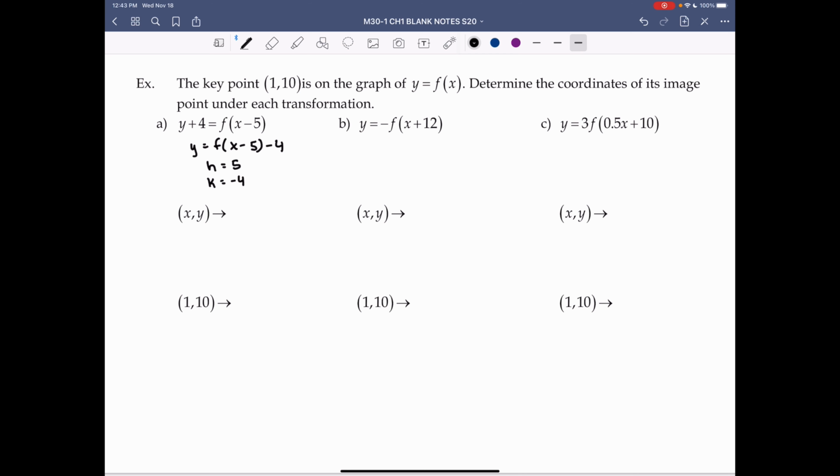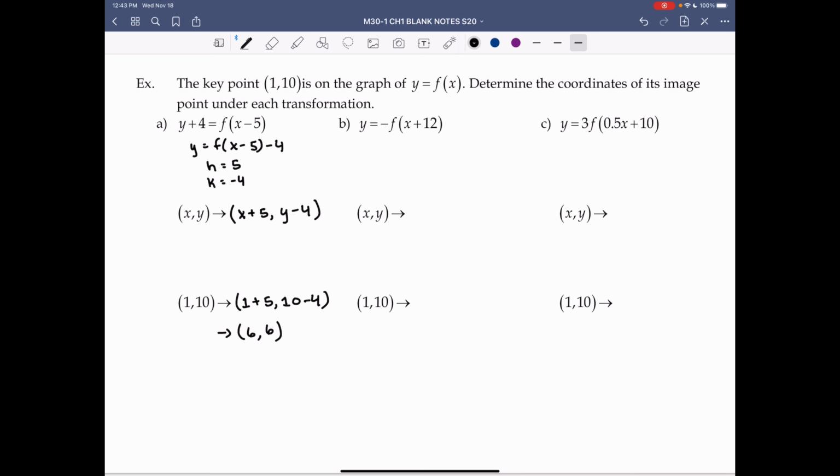Then (x, y) would be transformed to the point (x plus 5, y minus 4). So (1, 10) would become (1 plus 5, 10 minus 4). 1 plus 5 is 6, and 10 minus 4 is 6, so we get the point (6, 6).